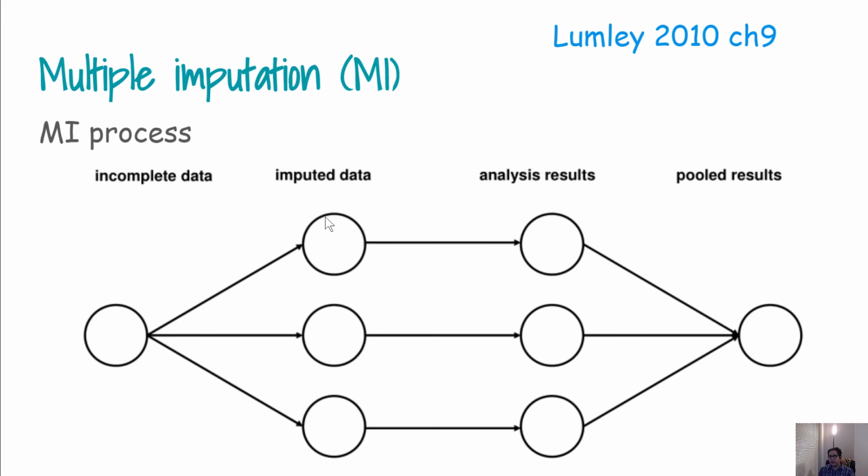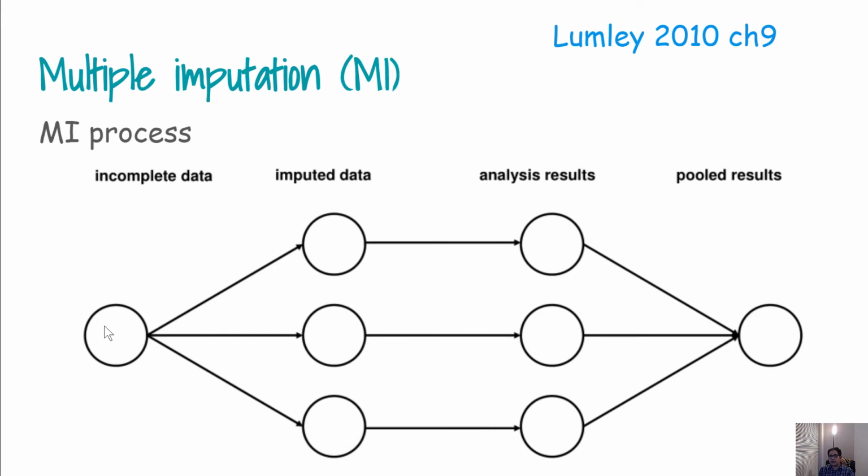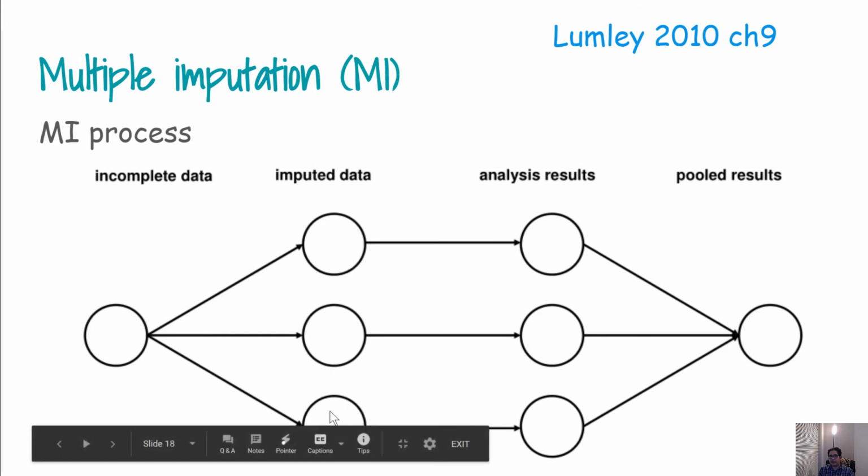And after imputing, all of these imputed datasets will be complete data. So the original data, if there were 1000 participants, here there will be 1000 participants, 1000 here, 1000, because I'm not deleting anyone.